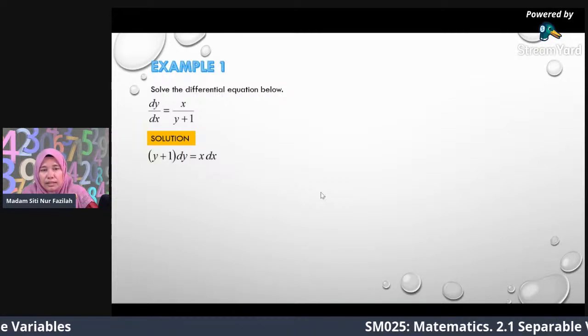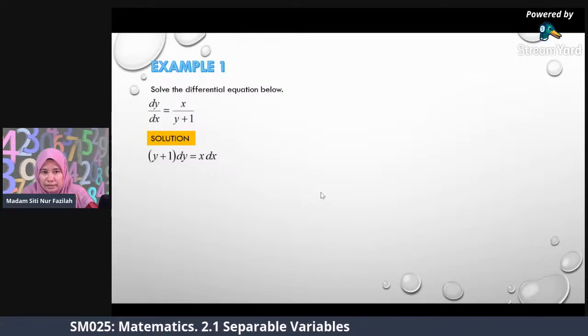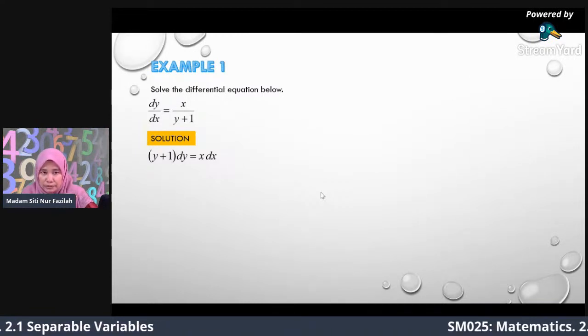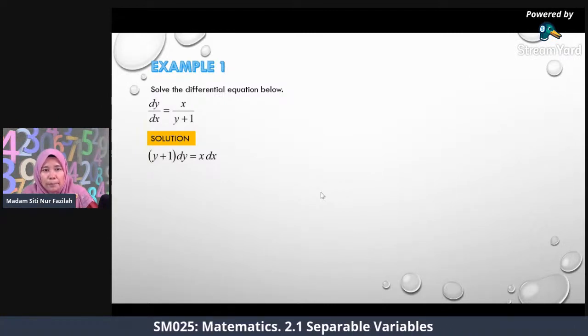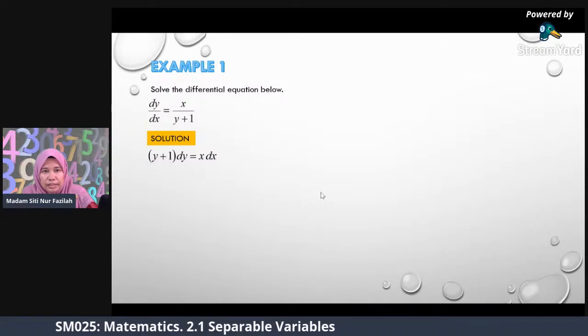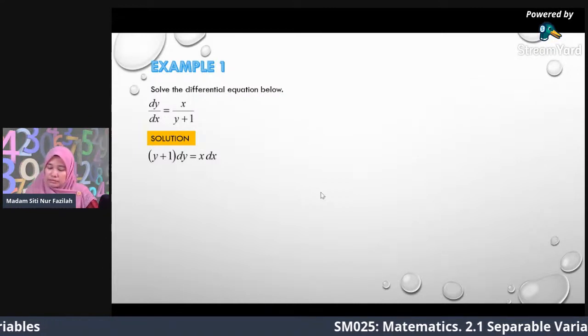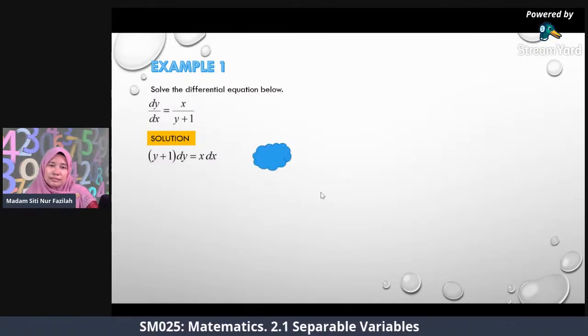The second one, we multiply with dx on both sides. That's why we can get (y plus 1) dy equal to x dx. We assume that this is step 1.